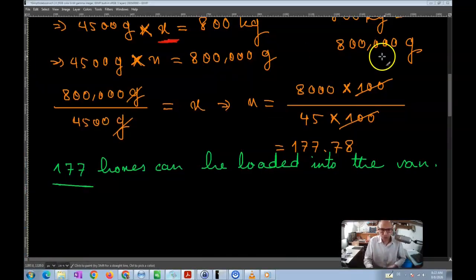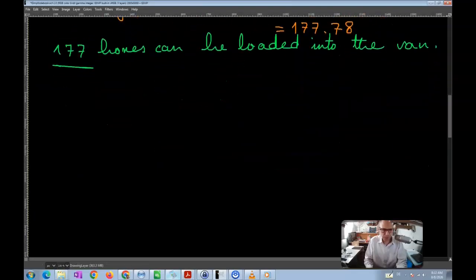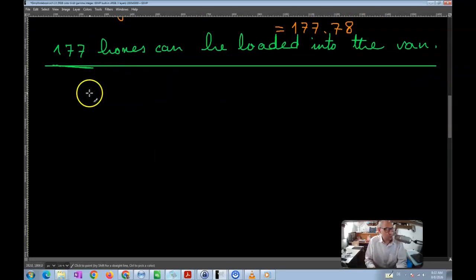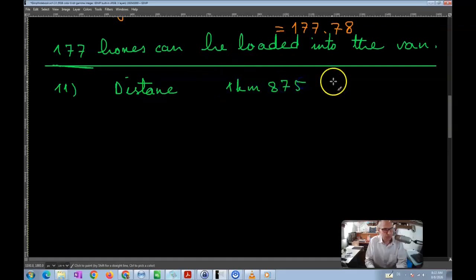So I'm going to do this as well because these might be a little tricky and they need to be understood. This is question number 11, and the distance between the school and home is 1 kilometer 875 meters, which is 1 kilometer plus 875 meters, right?